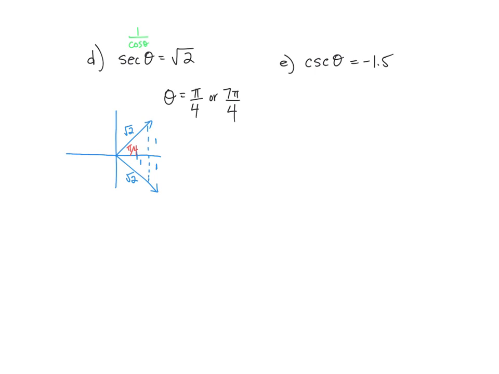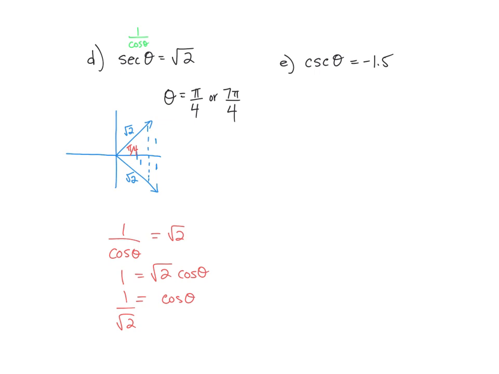The other option, if you really are opposed to thinking about secant theta as hypotenuse over adjacent, is we just said that secant theta is equal to 1 over cos theta. So another way I could have tackled that question was cos of theta equals 1 over root 2.